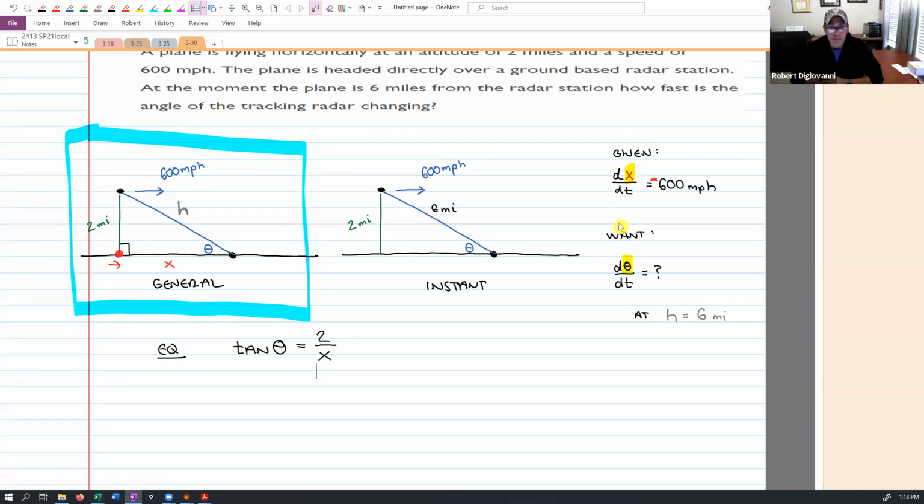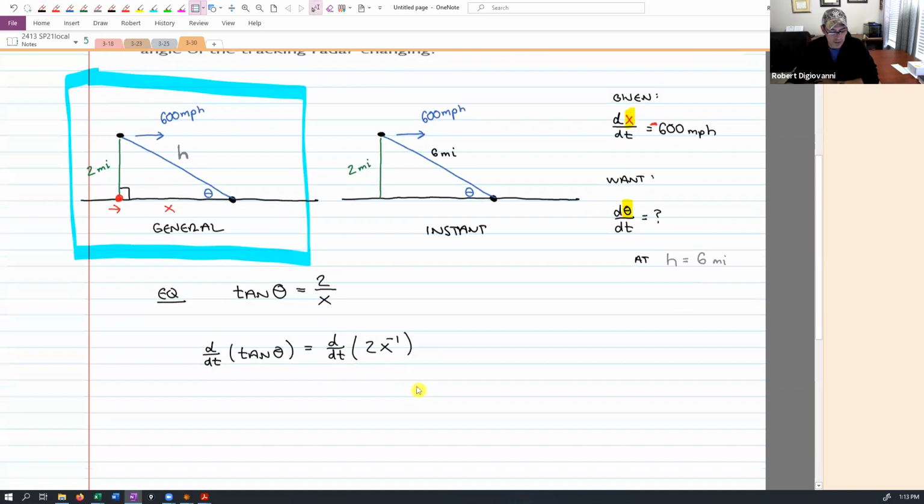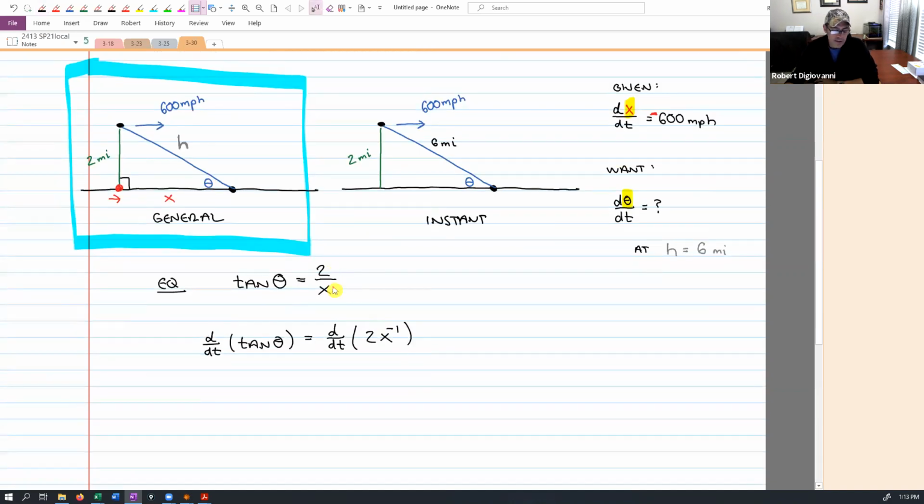I'm going to differentiate both sides of the equation. So let's go ahead and differentiate with respect to t on the left side. And then on the right side, I'm going to differentiate with respect to t. But because I'm about to differentiate, I want to remind you of what the right side really is. 2 over x is the same as 2 times x to the negative 1.